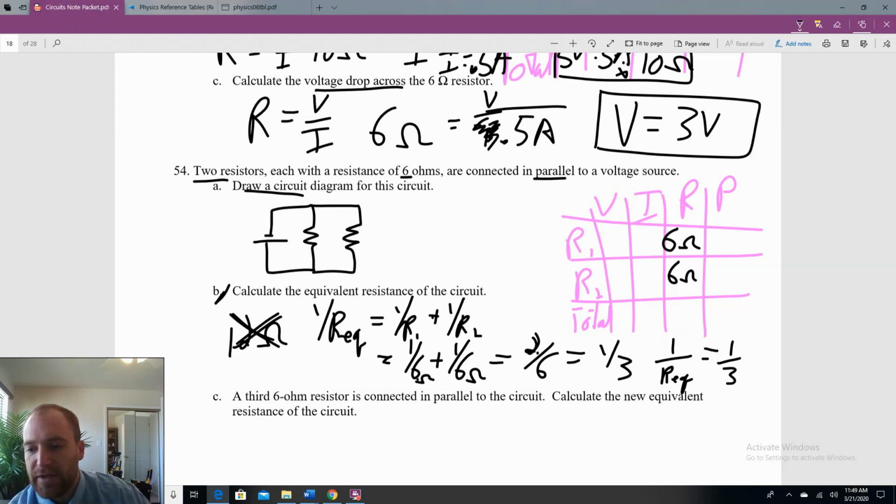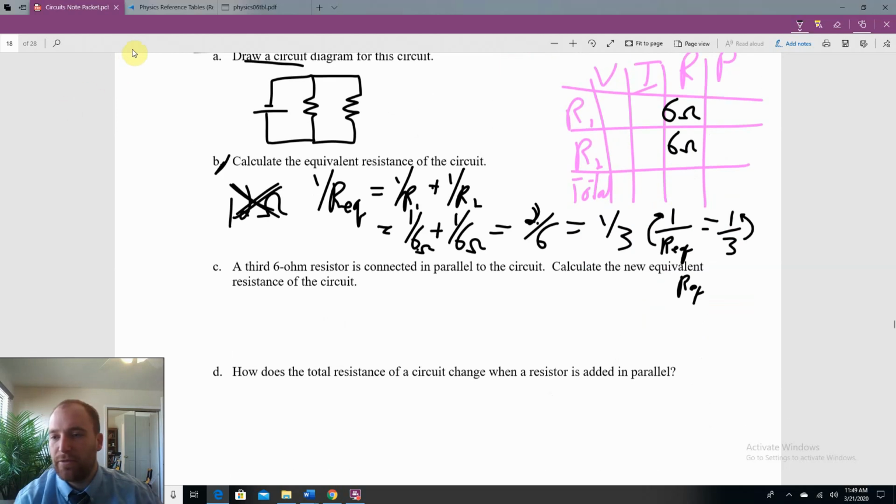The last step to solve for Req is to flip both sides. Req over 1, which remember, anything over 1 is just itself, so I'm not going to write out that whole thing, equals 3 over 1, which is 3. And that's my answer, measured in ohms.